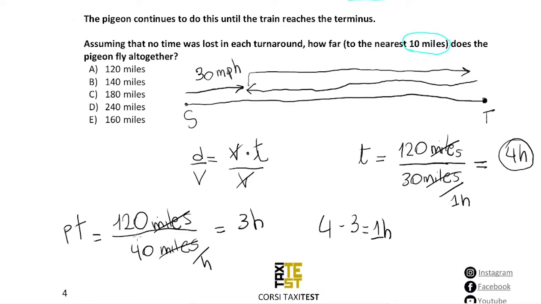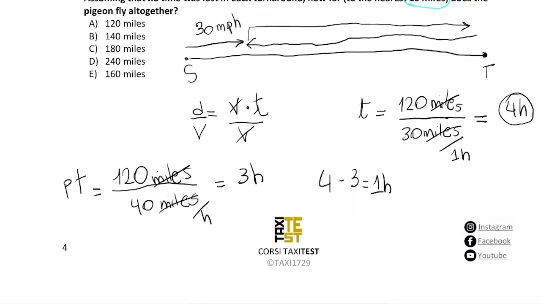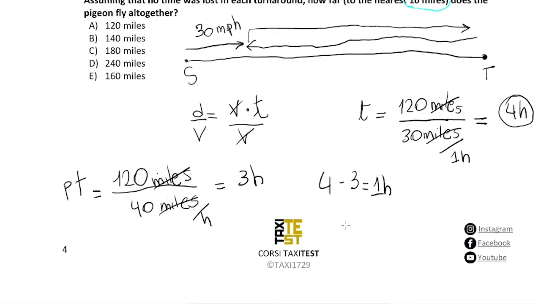So we can use the proportion: the pigeon travels 40 miles each hour. So we can see that our pigeon takes 3 hours to travel 120 miles.